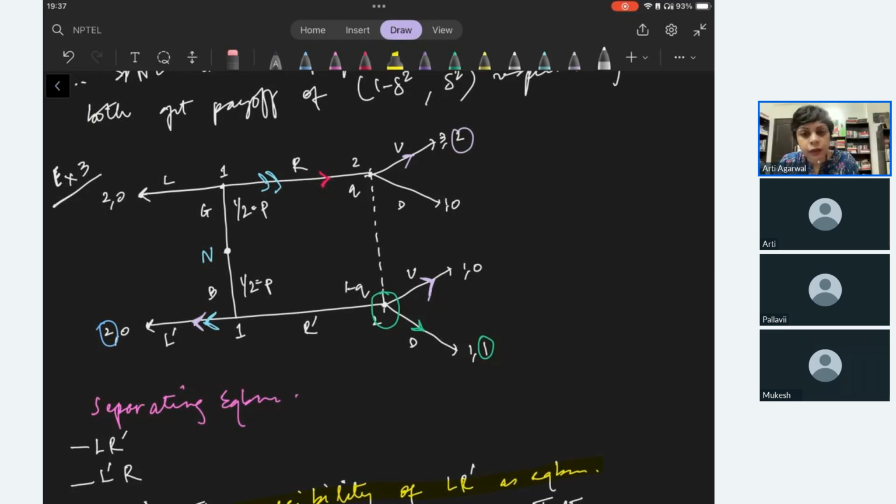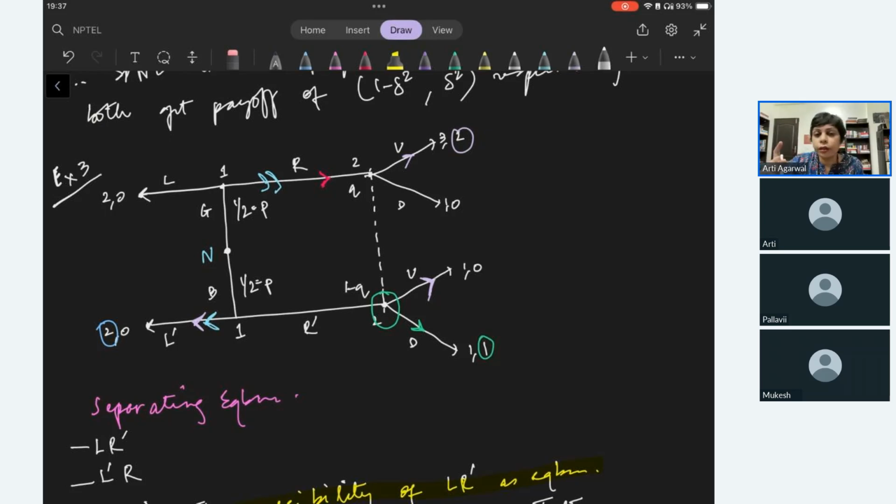But when R or R prime is played, he knows that one of the two has been played, R or R prime, but he doesn't know which one. Now in that situation, because player 1 has played R or R prime, the probability Q is going to matter.